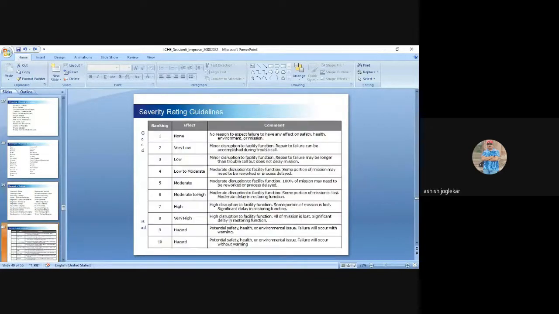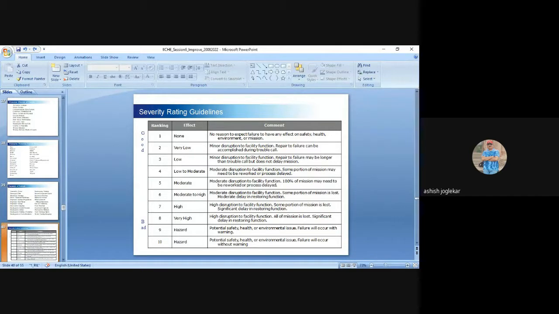So how do you rate the severity now? If you see here, we have ratings of 1 to 10. If the effect is low, that is negligible, so you go with 1, and if the effect is very high, that is hazardous. This is used on safety issues.